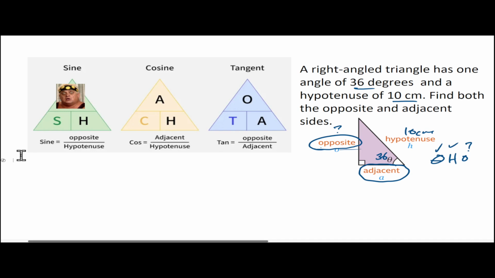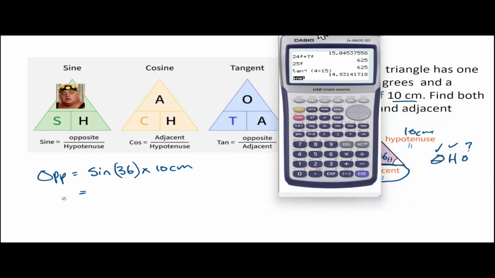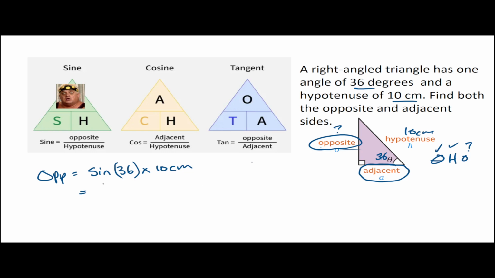So the opposite side is going to be equal to sine of the angle, which is given as 36 degrees, times the hypotenuse, which is 10 centimeters, and the calculator will give us the answer as per normal. Sine of 36 times 10 is 5.88. Okay, we've got two of the sides now.